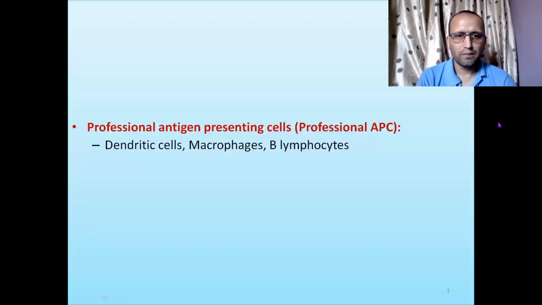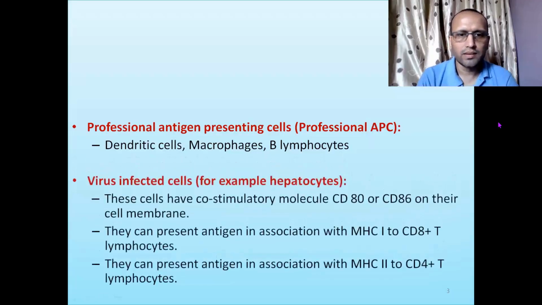Dendritic cells, macrophages, and B lymphocytes are the main cells which present antigen to CD4 positive T lymphocytes and CD8 positive T lymphocytes. That's why they are called professional antigen presenting cells. But infected parenchymal cells also can present antigen to CD4 positive T lymphocytes and CD8 positive T lymphocytes.